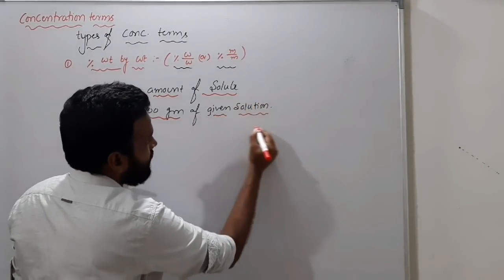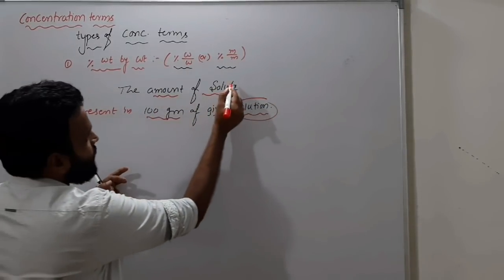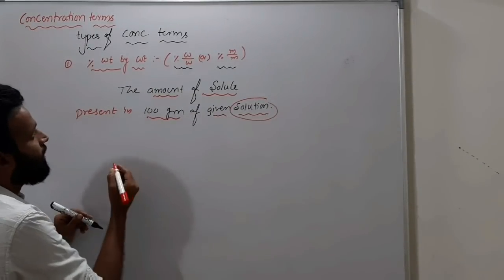It's not solvent, it is the solution. The amount of solute present in 100 grams of given solution is called percentage weight by weight.